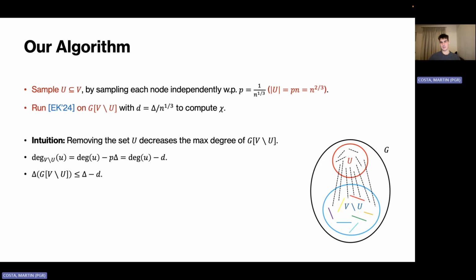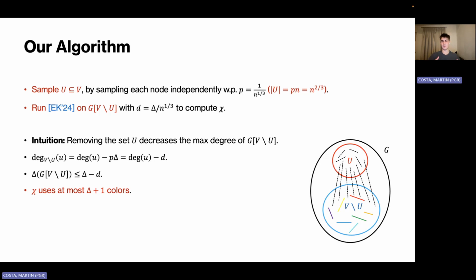Thus, with high probability, the maximum degree of the graph induced on the nodes in V minus U is at most delta minus d. So when we compute a delta plus d coloring of this graph, it will use at most delta colors. And thus this coloring chi is actually a delta plus 1 edge coloring of this graph.